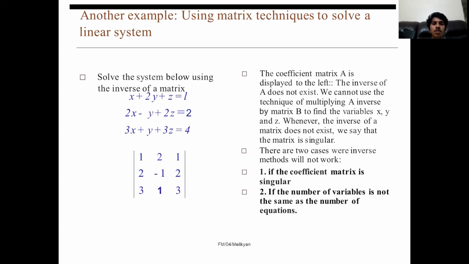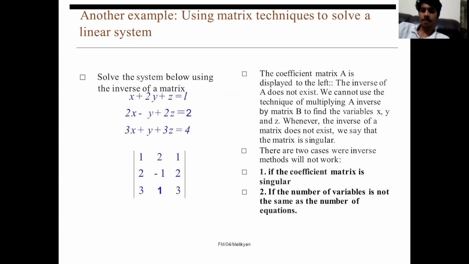Another example, using matrix techniques to solve a linear system. Solve the system below using the inverse of a matrix. x + 2y + z = 1, 2x - y + 2z = 2, 3x + y + 3z = 4. The matrix is [1 2 1; 2 -1 2; 3 1 3]. The coefficient matrix A is displayed to the left.